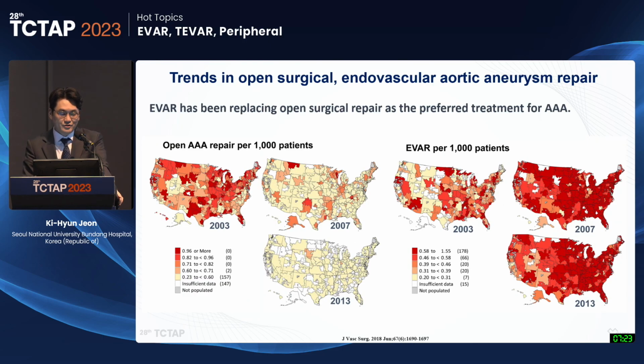As you know, over the past 20 years, EVAR has been replacing open surgical repair as the preferred treatment for AAA. As you can see, there is a dramatic decrease in open repair and increase in EVAR from 2003 to 2019 in the US.